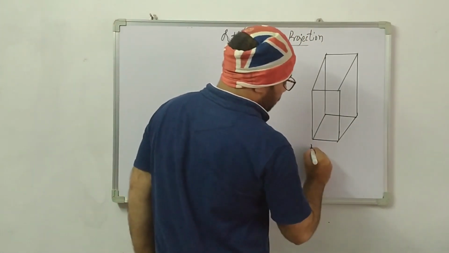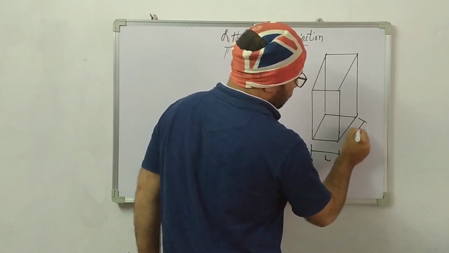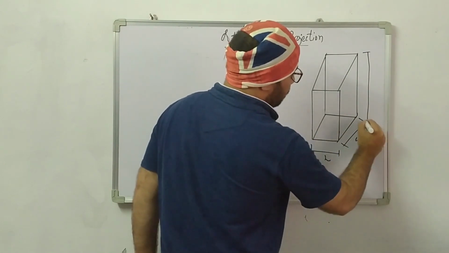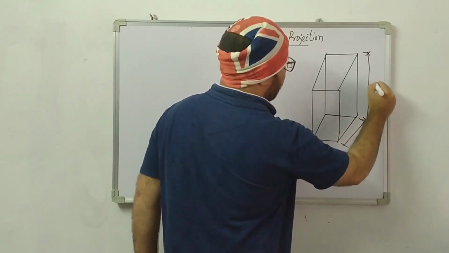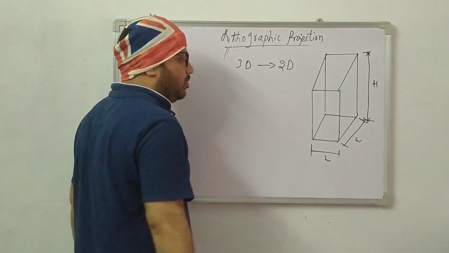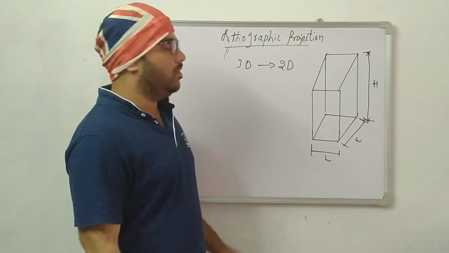Now this is the length, this is called the width, and this portion is considered the height. This three-dimensional object is given in the problem, and we are going to draw the two-dimensional views.